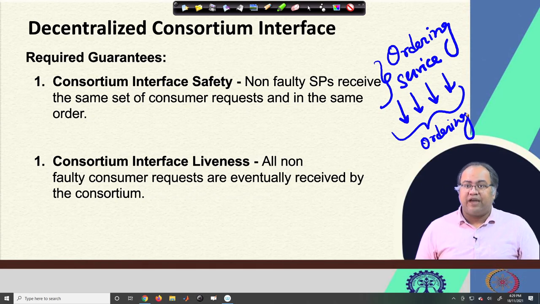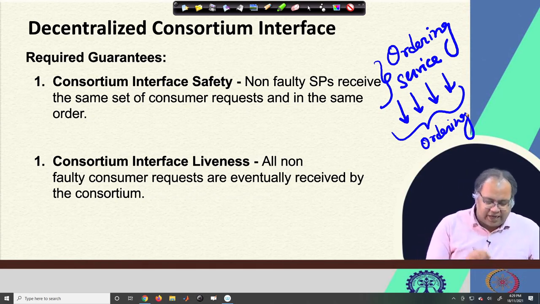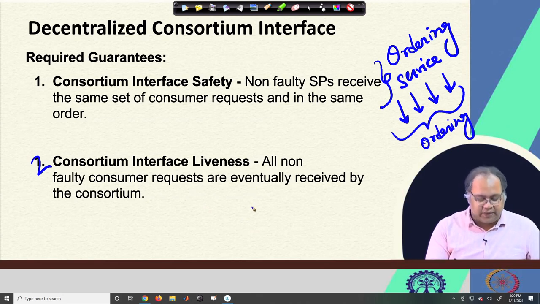So, that ordering needs to be maintained, and the second requirement is consortium interface liveness. So, all non-faulty consumer requests are eventually received by the consortium.